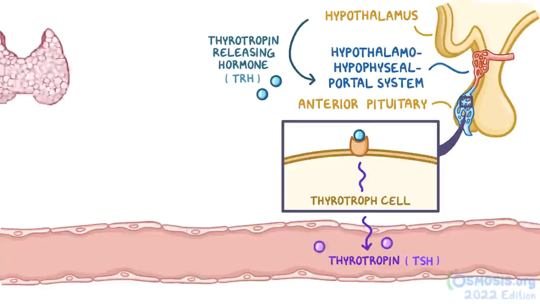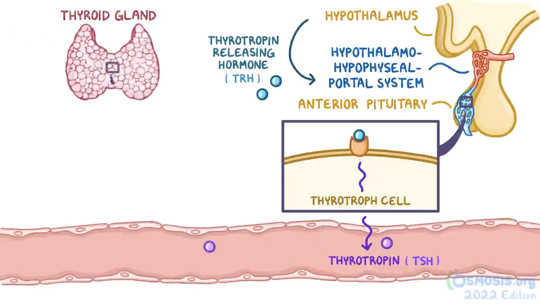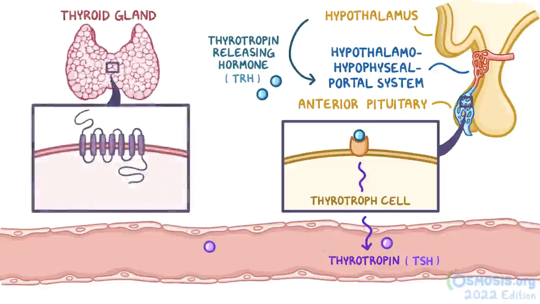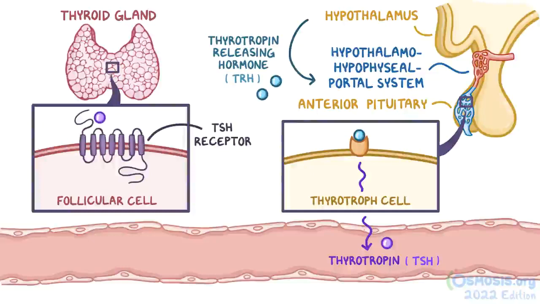TSH then travels to the thyroid gland and binds to the TSH receptors located in the membrane of the follicular cells of the thyroid gland. The TSH receptor is a 7-pass transmembrane receptor, meaning that it's a really long protein that has one end that sits outside the cell and binds TSH. Then, the snake-like protein dips in and out of the cell membrane 7 times, and finally it ends on the inside of the cell.